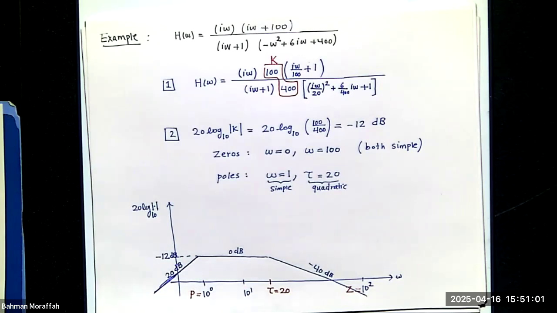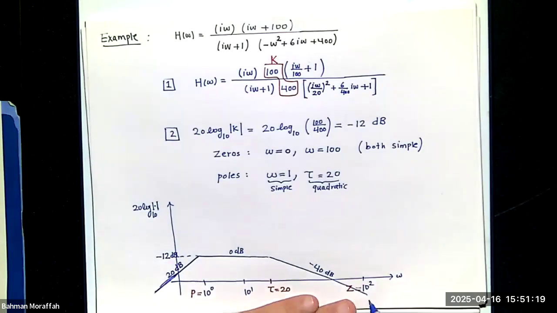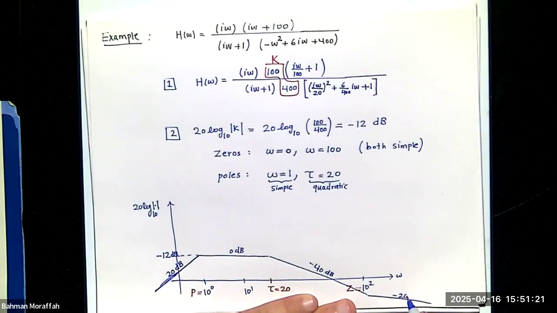In this case, I hit a 0. I'm going down by negative 40. I hit a 0, which means I have to go up by 20. So what is the total slope that I have here? It's negative 40 plus 20, which is negative 20. So it is negative 20 dB.